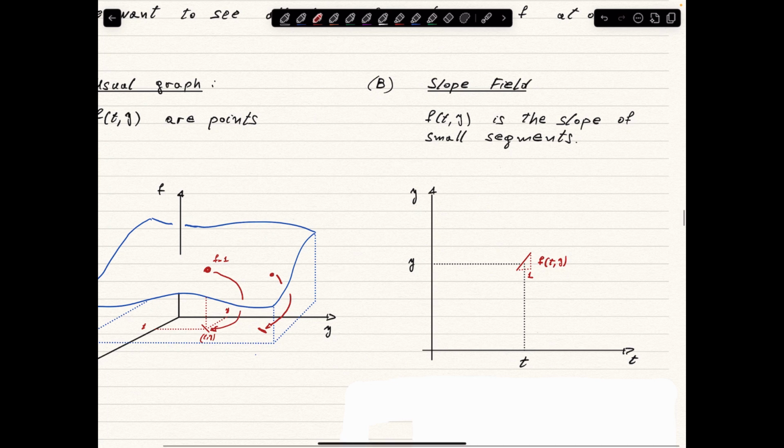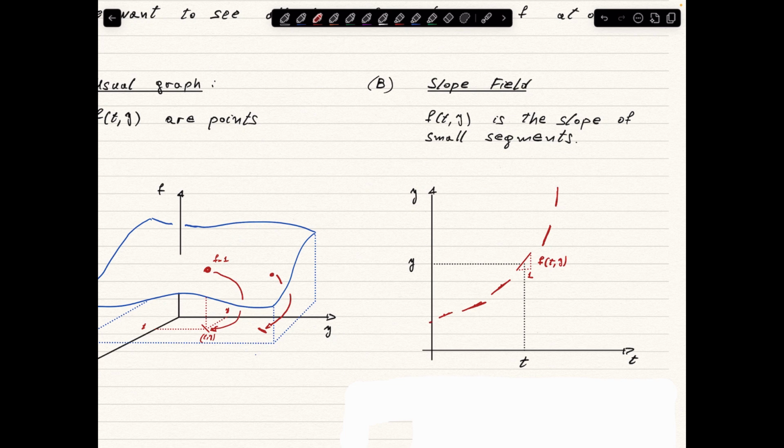So for example, at this point here, we are going to represent the value of f as a segment that maybe is a little bit more vertical, and here maybe more vertical. It depends on the equation. I'm just drawing something for illustration. Here maybe at this point the value of f is smaller than 1, so maybe something like this. Here maybe it's something like this.